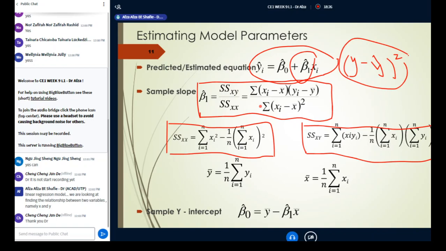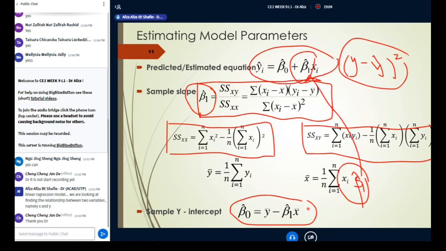So we know what our beta 1 hat is, based on minimizing the error, which ends up with this formula. But once you know beta 1, you need to know beta naught. The beta naught is given by this: the value of y bar minus beta 1 x bar. So this is how we get the value of the beta naught hat.